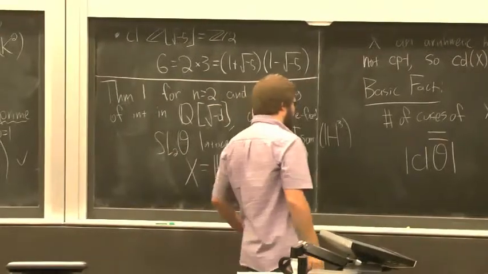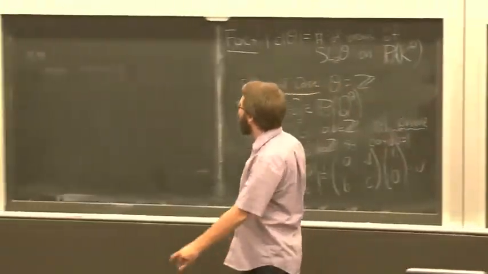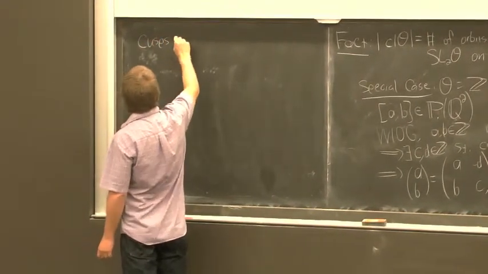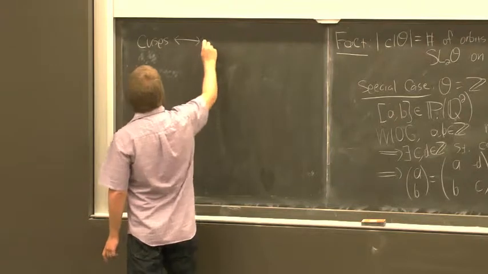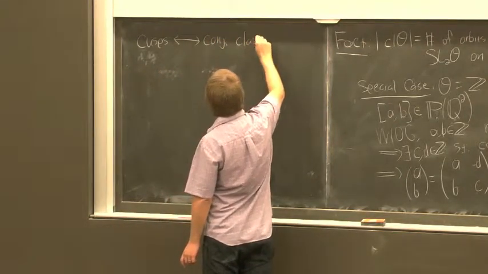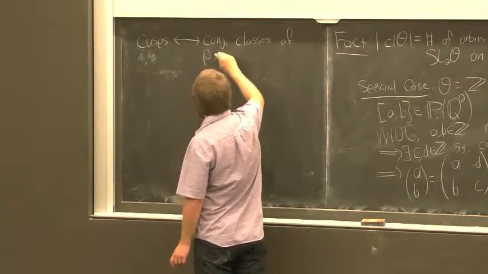What are the cusps? Where do they come from in this case? The cusps are in bijection with the conjugacy classes of parabolic subgroups.